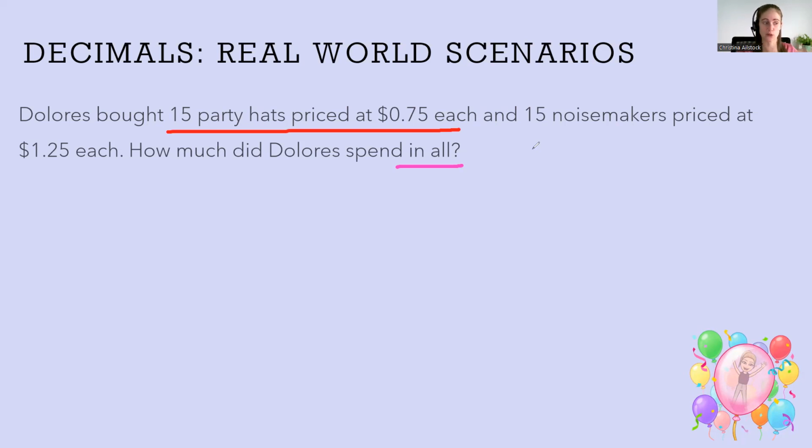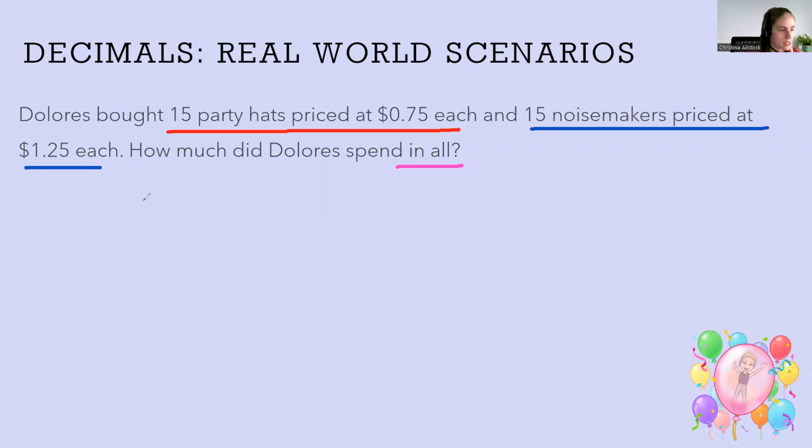So we need to figure out the total amount that she spent on party hats by multiplying. Then we know that she also bought 15 noisemakers at $1.25 each. So once again, we need to multiply to get the total for the noisemakers. Then we can add those together to give us her overall amount of money that she spent.